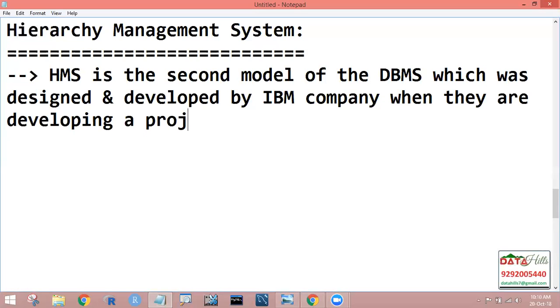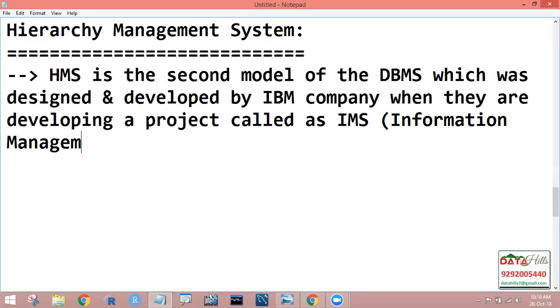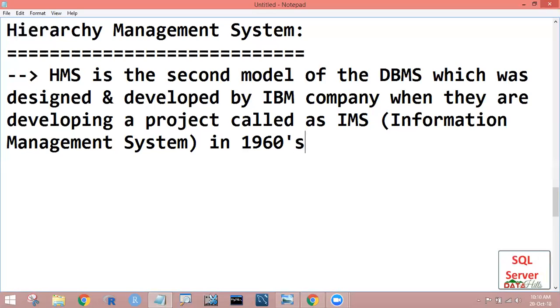IMS means information management system, in 1960s.